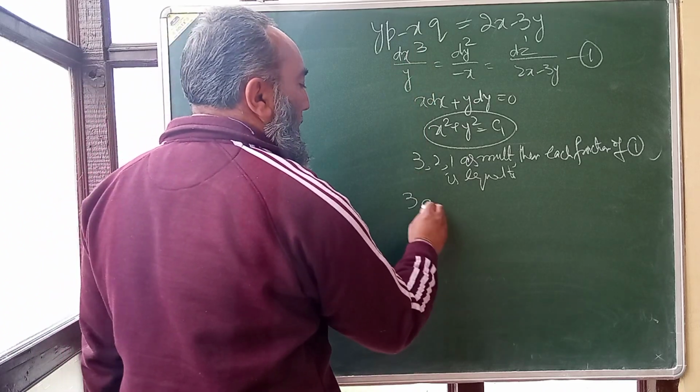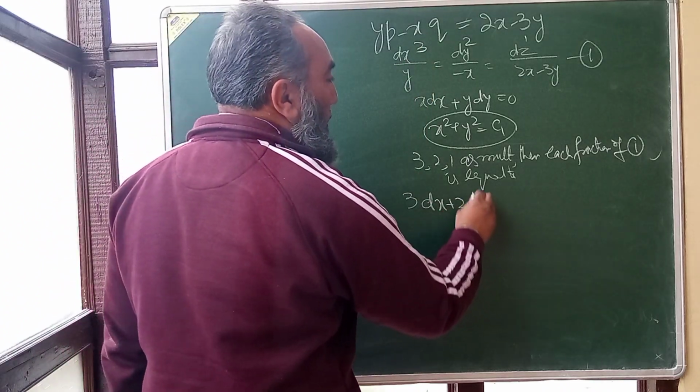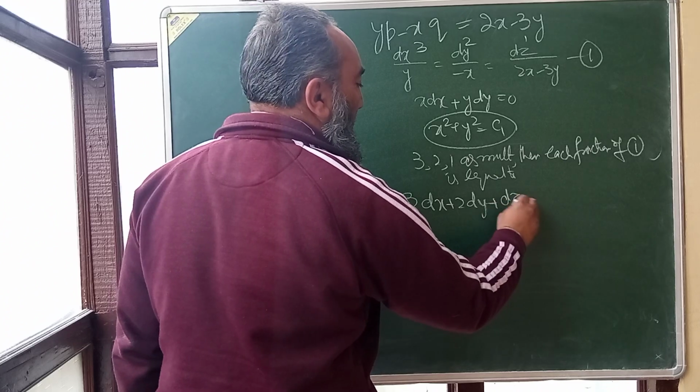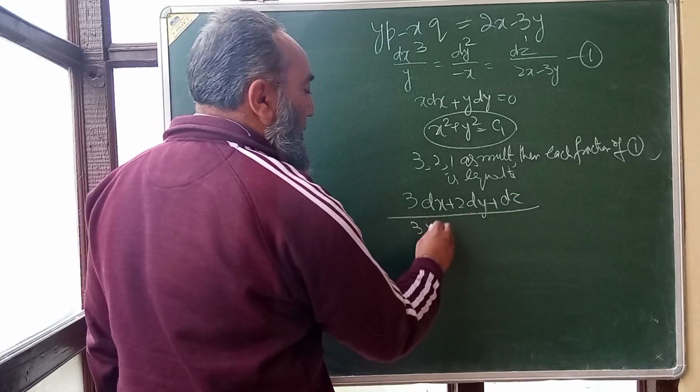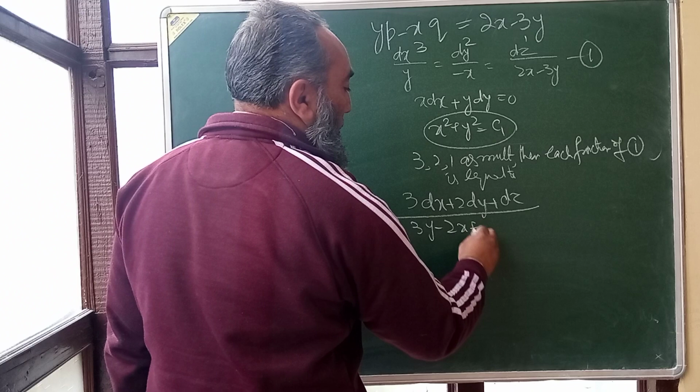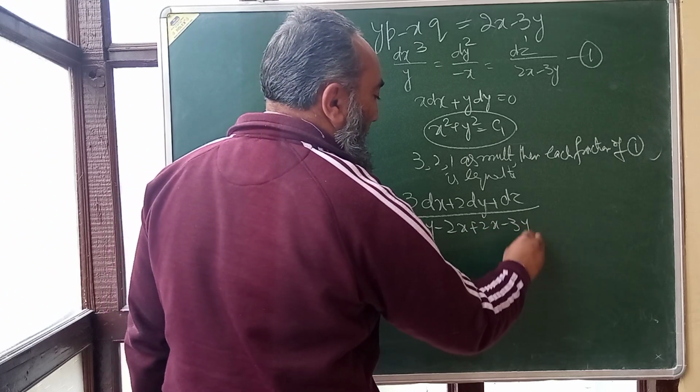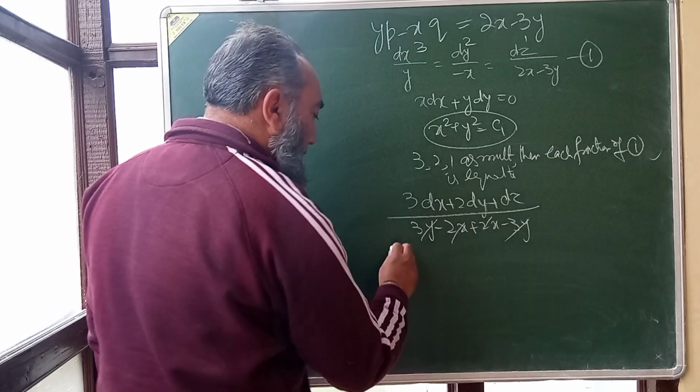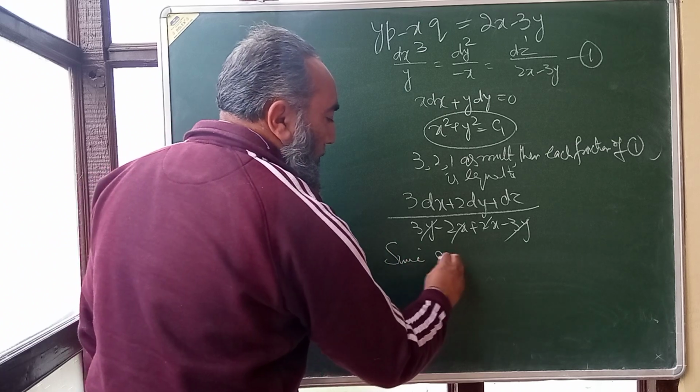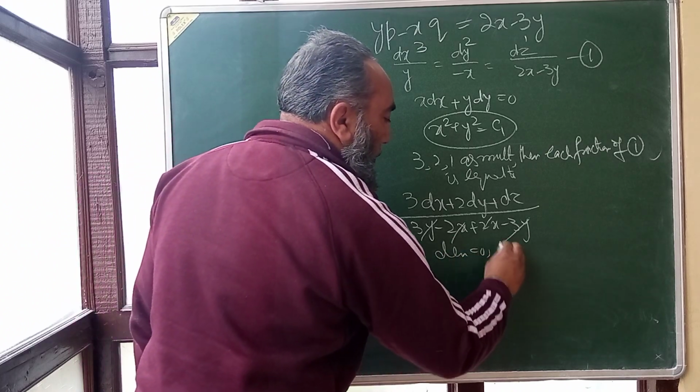So we get 3 dx plus 2 dy plus 1 dz divided by 3y minus 2x plus 2x minus 3y. Since the denominator is 0, so is the numerator.